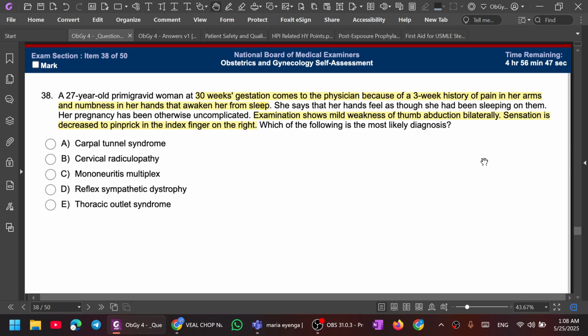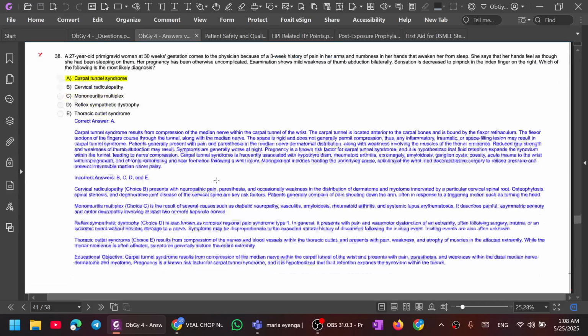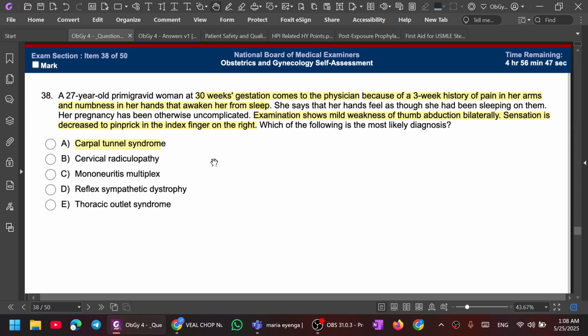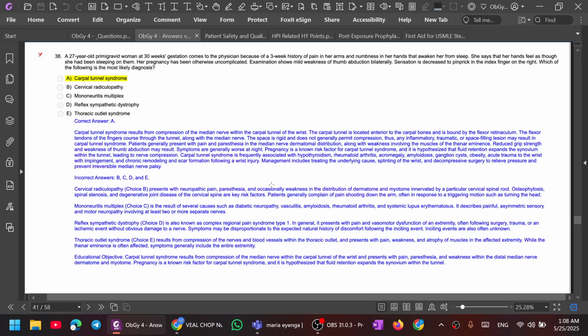Thumb abduction bilateral. Sensation is decreased. Let's see. Think simply. Yeah, think simply. In the Reddit, people are saying these words quite a lot. But it's true.